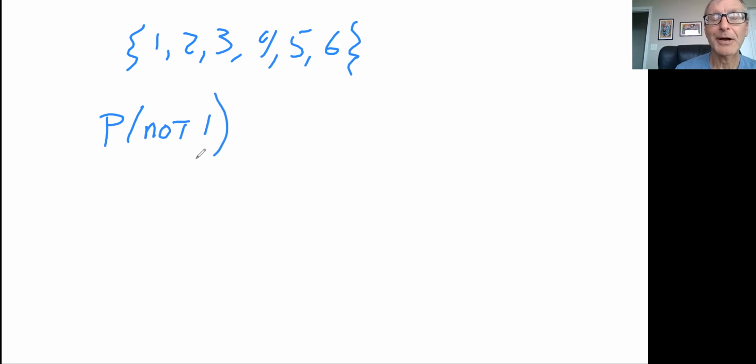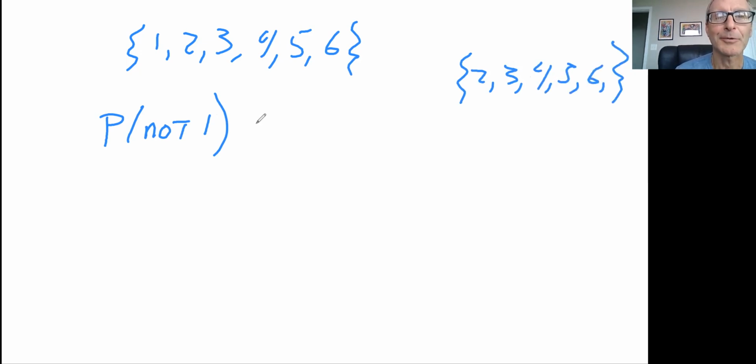There's a variety of ways to calculate this. One way is, what is not a 1? Well, that would be 2, 3, 4, 5, 6. So that would be 5 over 6, right? The number of successes is 5, and the total is 6.